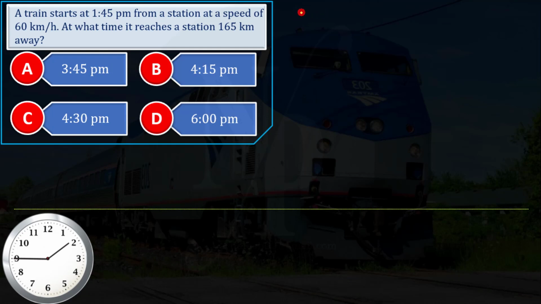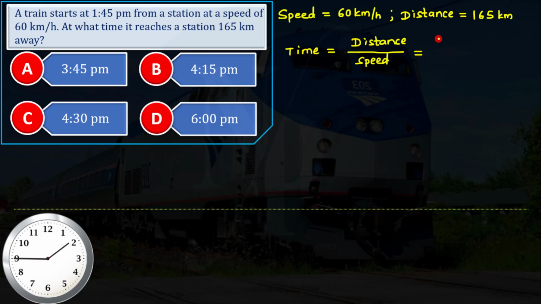Here, speed of the train is 60 km per hour. Distance traveled by the train is 165 kilometers. So, time can be calculated using the formula distance by speed. Distance is 165 kilometers, speed is 60 km per hour. Dividing both 165 and 60 by 5, 33 by 12 hour.